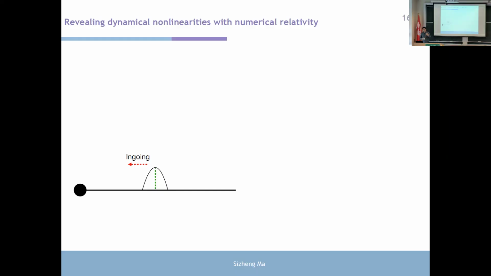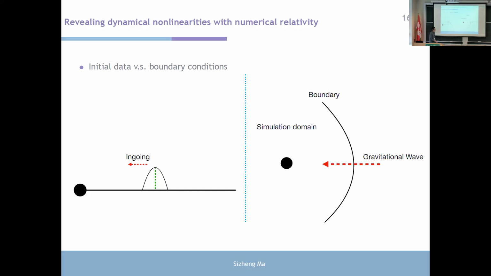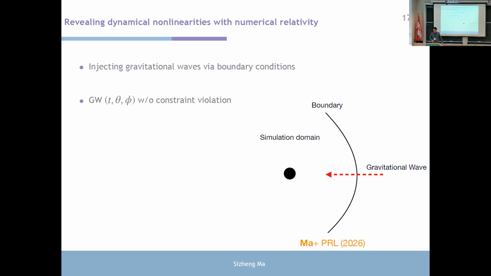So to fix this, we designed an alternative strategy. Instead of using initial data, we change boundary conditions such that we can inject gravitational waves into the system.